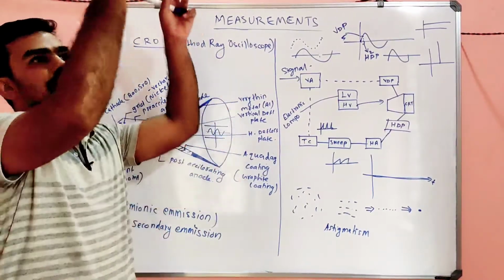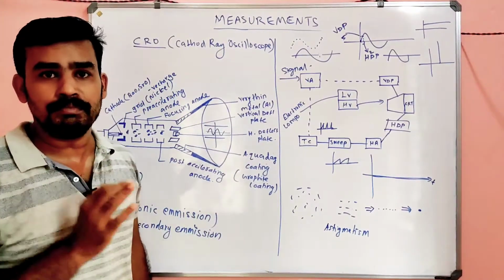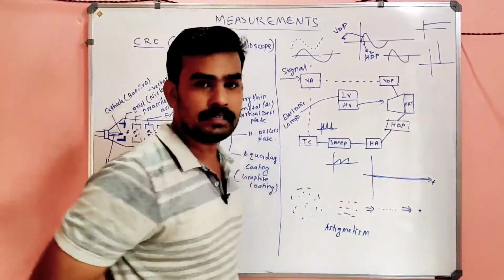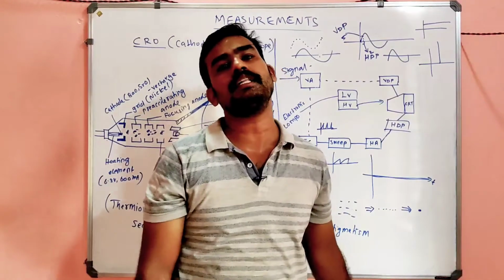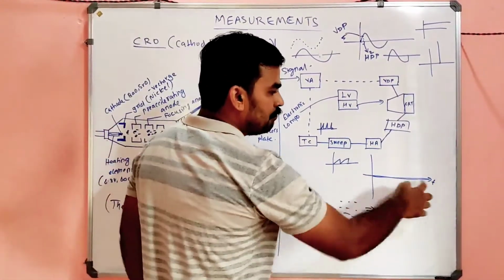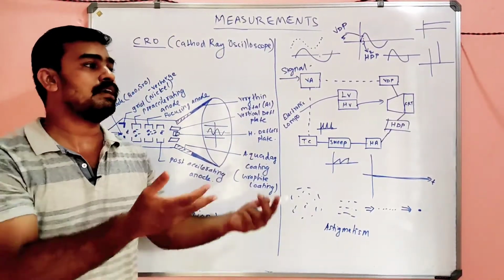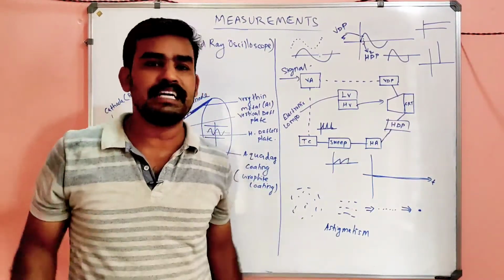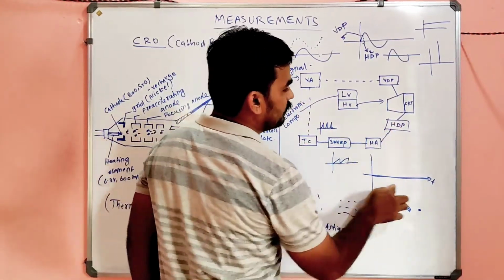Within that time it will vanish. So what you have to ensure before that observation is that you generate a time base beforehand. A time base will be there, then only that signal can be projected onto the graph. Otherwise we can't plot the signal. If there is no time base, then how can we analyze the signal? Or how can we know that the signal existed for this much time? We can't predict that. So the function of this entire circuit is to produce the time base.